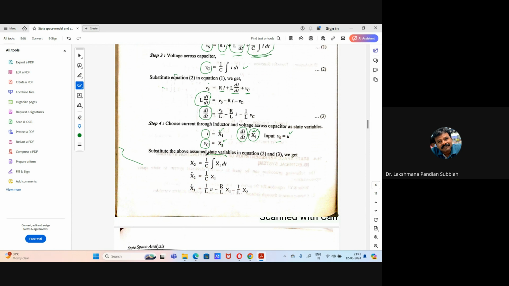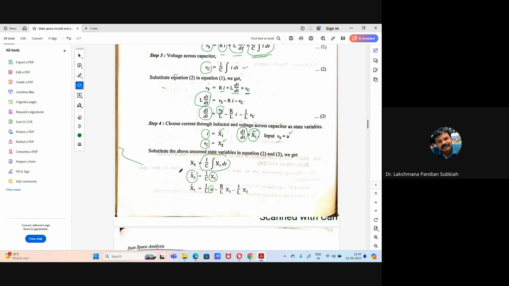If we differentiate on both sides, we get x2 dot equal to 1 by C times the integral part, which is the current x1. Next, dI by dt is x1 dot, equal to 1 by L into U, where U is Vs, minus R by L times I, which is x1, minus 1 by L x2.